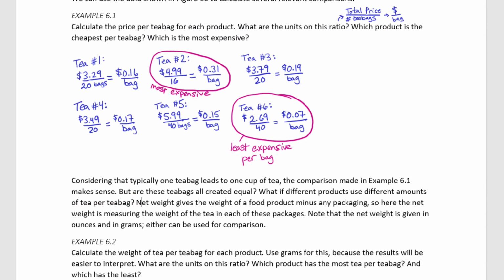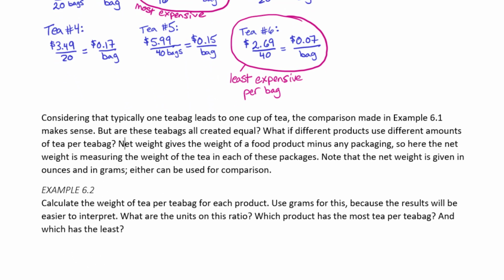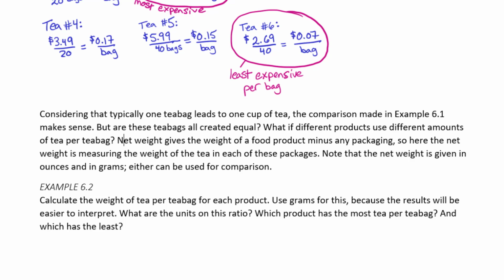Considering that typically 1 tea bag leads to 1 cup of tea, the comparison made in example 6.1 makes sense. We're kind of calculating out how much per cup you're going to get from this package. But are all these tea bags created equal? What if different products use different amounts of tea per tea bag?